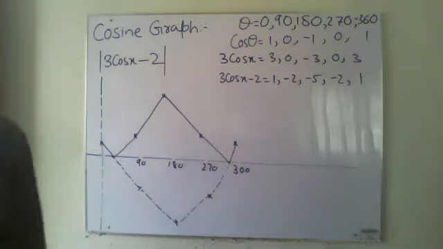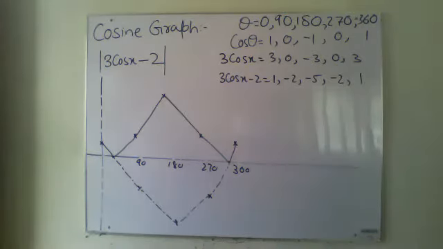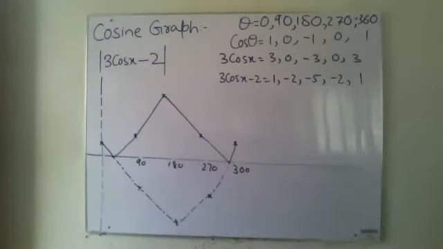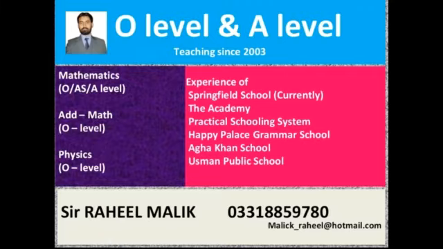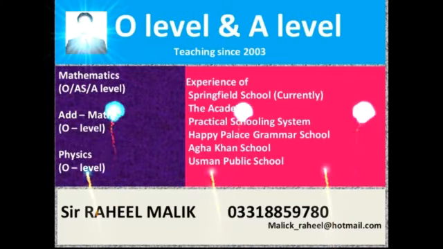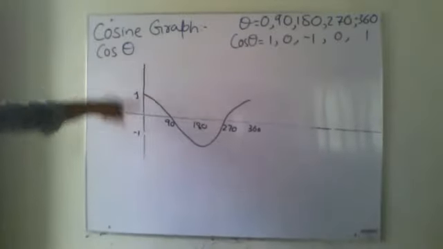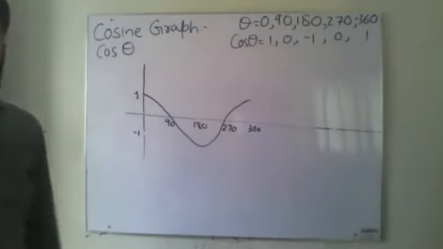With modulus means only the part which is in the negative region will be transferred into the positive region. This is my cos graph being drawn over here.